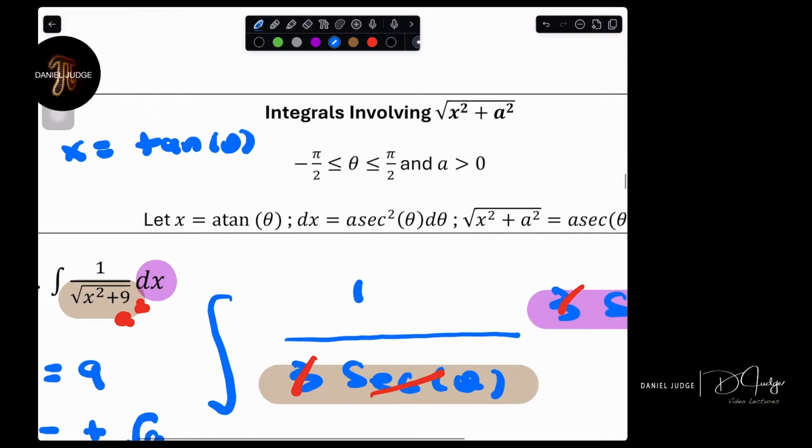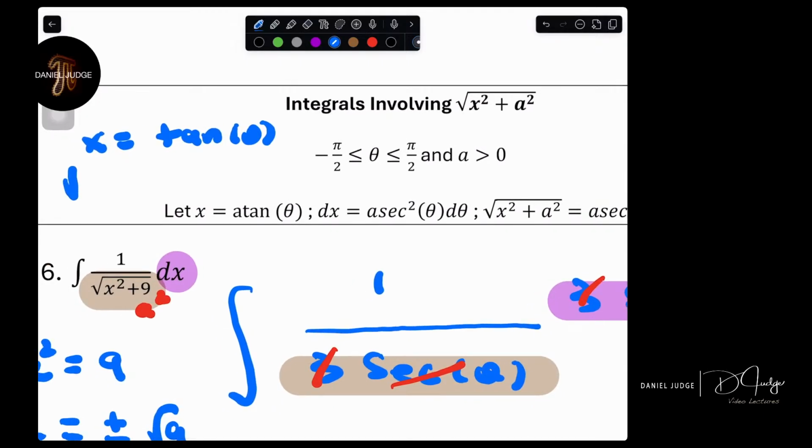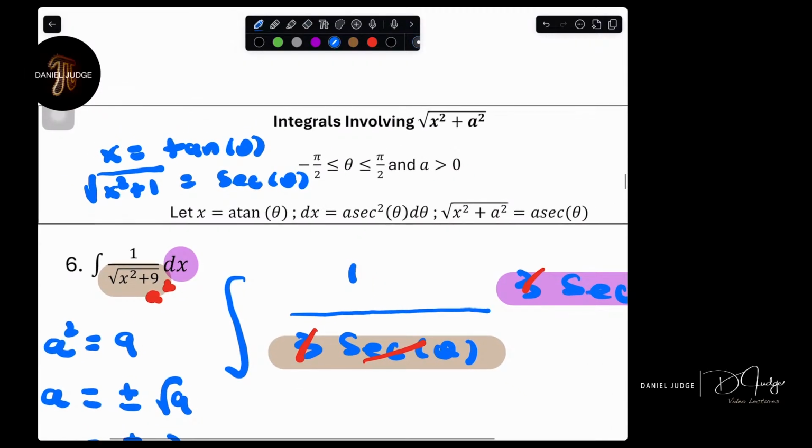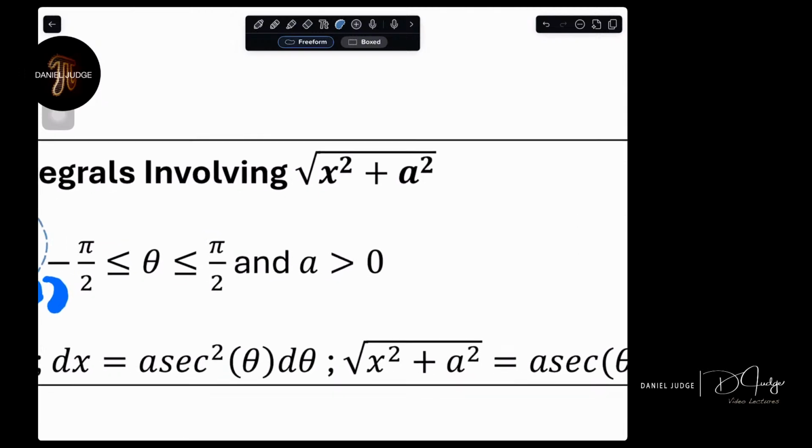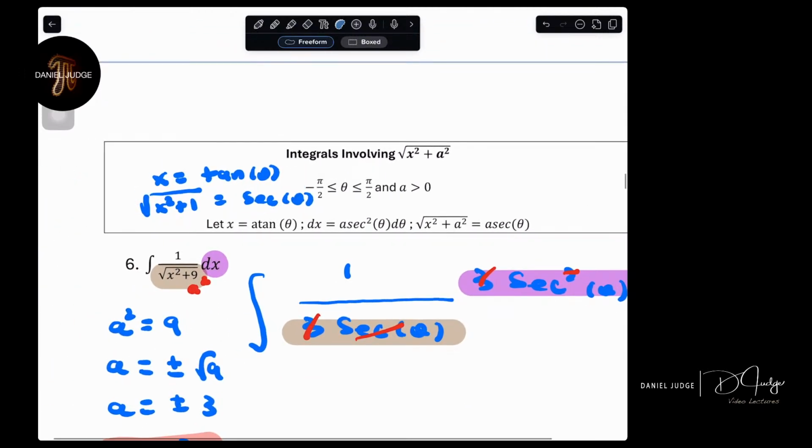And then your radical is going to be a secant theta. A is 1 here. Okay, so we're using this information now because we have a radical of the form square root of x squared plus a squared. So let's bring that all down.